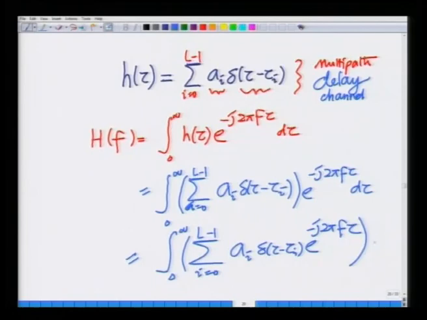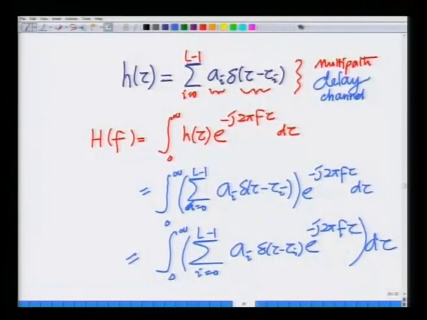And now, you can observe that the integral of delta of tau minus tau_i times e power minus j 2 pi f tau is nothing but e power minus j 2 pi f tau_i, because the integral of f of t delta of t minus t naught is nothing but f of t naught. So, I can write this Fourier transform simply as the sum of a_i e power minus j 2 pi f tau_i.